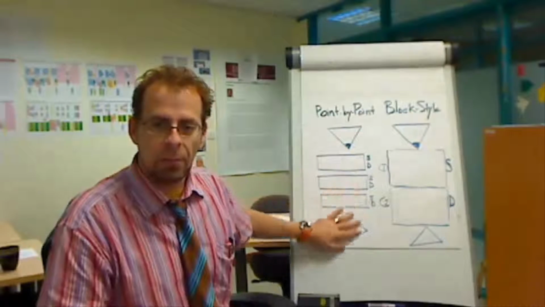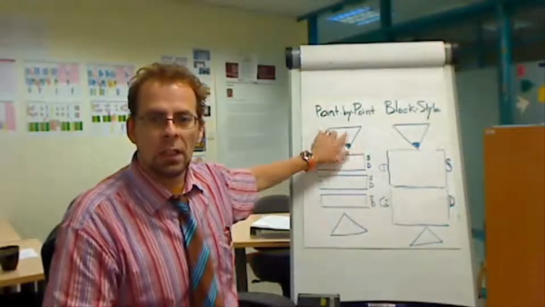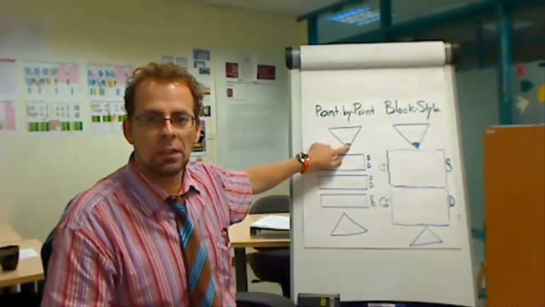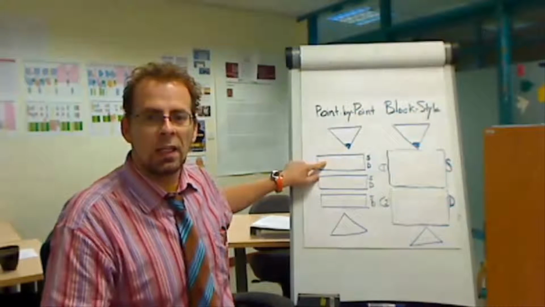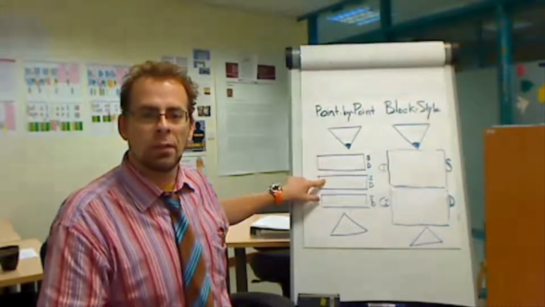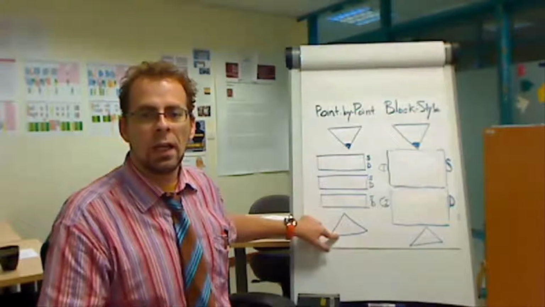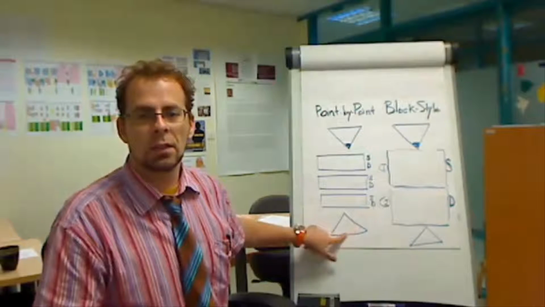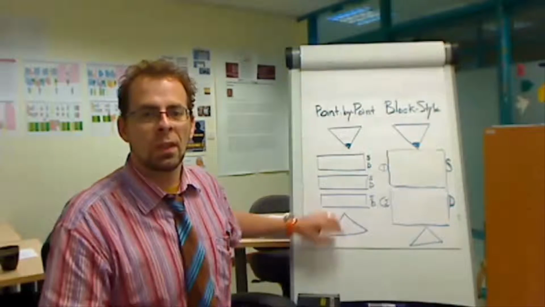So here we have a 5-paragraph essay. This is our introduction paragraph with a thesis statement. And then here's body paragraph 1, body paragraph 2, body paragraph 3, and then the conclusion paragraph.